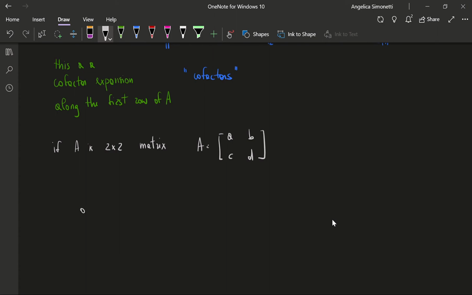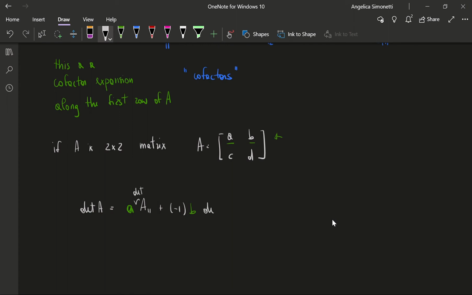The formula says that the determinant of A is given by, as we said, we look at the first row, we pick the first entry, a, and multiply by the matrix that I obtain if I remove the first row and column. So this is a_11, and then remember there's a minus. Then I look at the second entry in my first row, so this is going to be b, and then I have, oh, here I forgot the determinant.